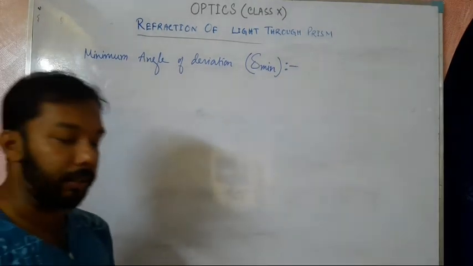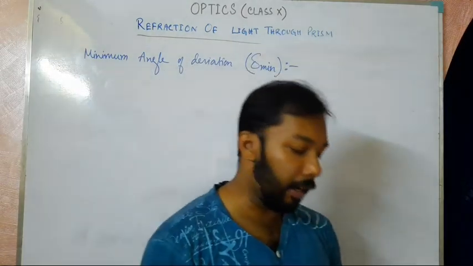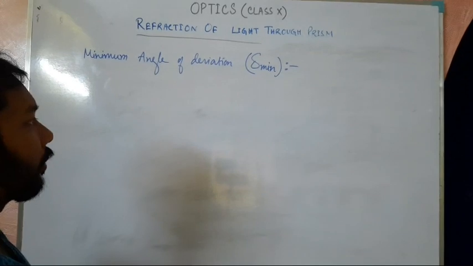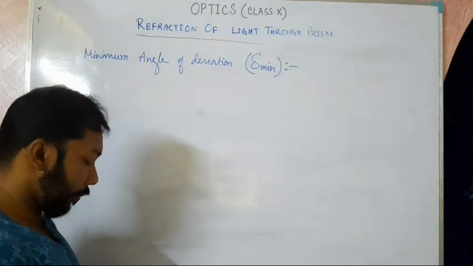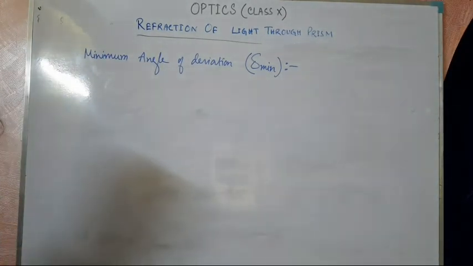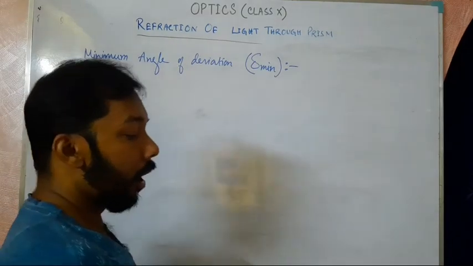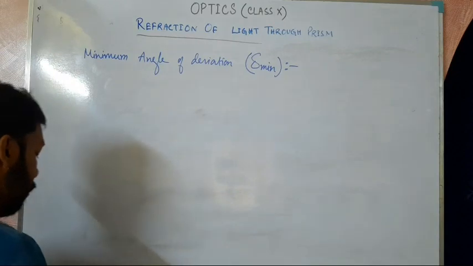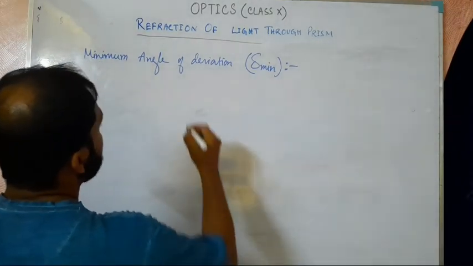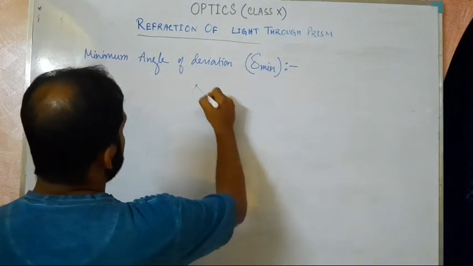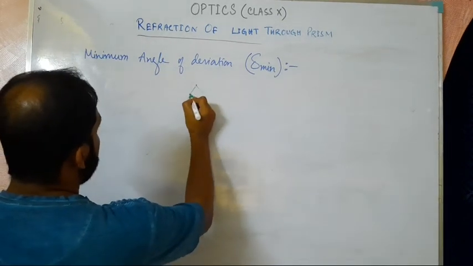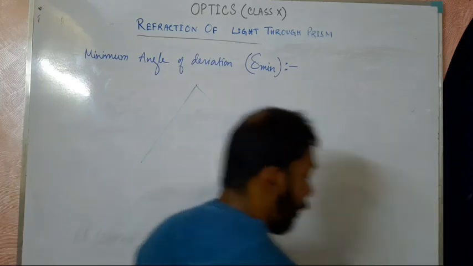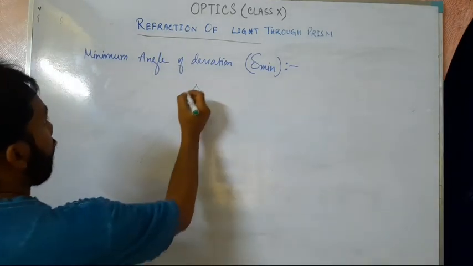Angle of deviation has different values, but for a prism, sometimes the angle of deviation becomes minimal, and we need to find that particular value of angle of deviation when it is minimal. So let us draw a prism.